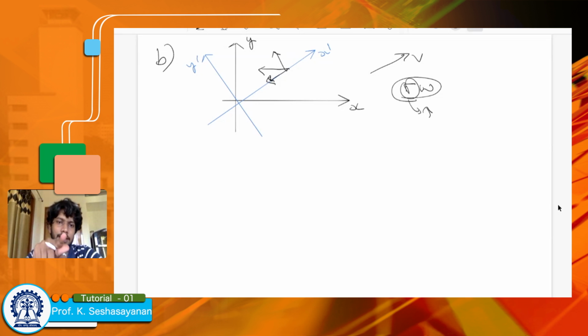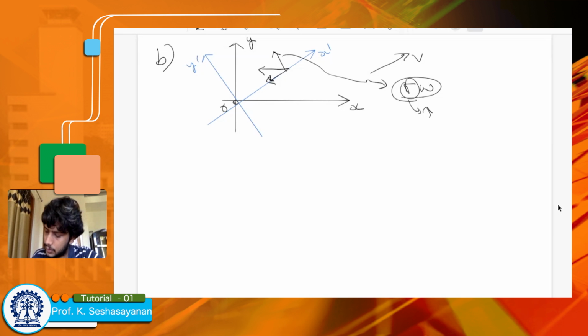The ant requires some kind of force which can provide this increase in the tangential velocity, and this one component of the frictional force is responsible for that. So these are two components of the frictional force: one gives the centripetal acceleration, and the other gives the tangential acceleration required for the ant as it moves away from the center while continuing to rotate about the axis, which is O.